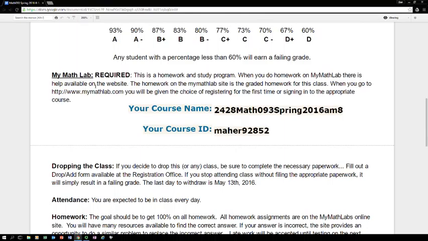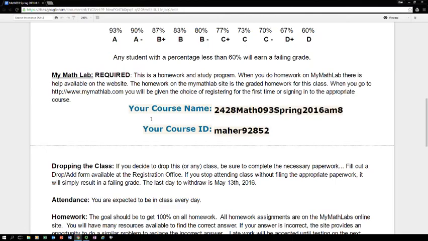The My Math Lab is required. It's a Pearson product, and here is one of the URLs. You can find it. You can search My Math Lab too, especially on campus. It'll pop right up.